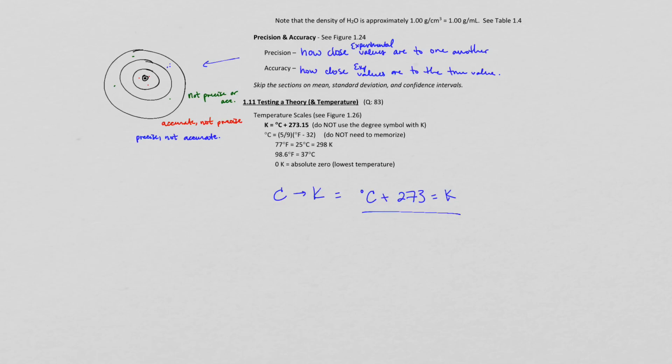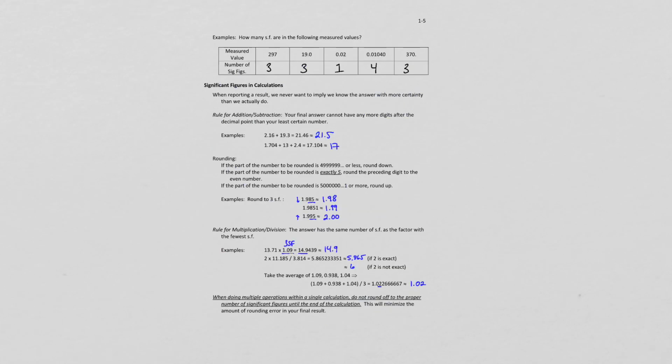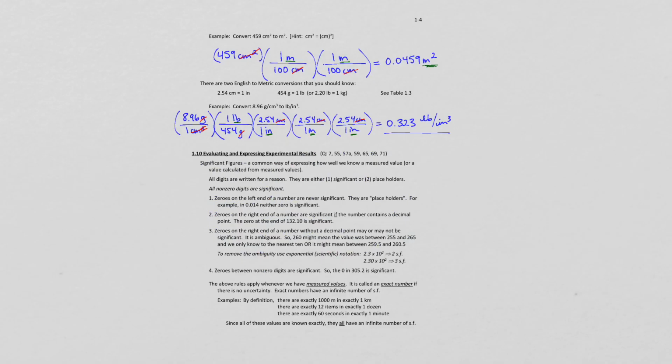So that is chapter 1. Remember to do this as your practice problem. There will be a problem like it on the test. Again, knowing your significant figures would be awesome because on your quiz you will be expected to report your answer to the correct number of significant figures on dimensional analysis questions. These dimensional analysis problems right here would be super, super helpful for you, so make sure you take a look at those again.